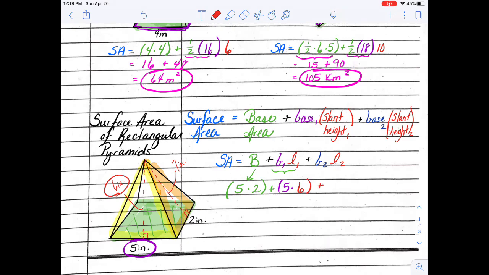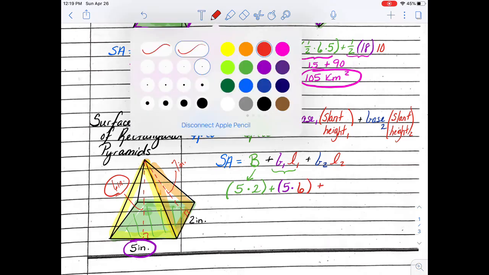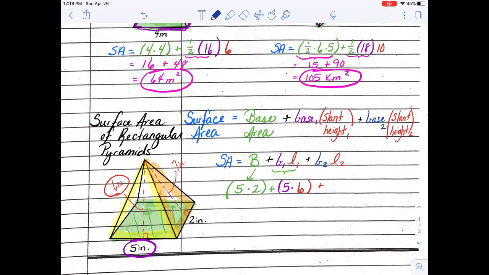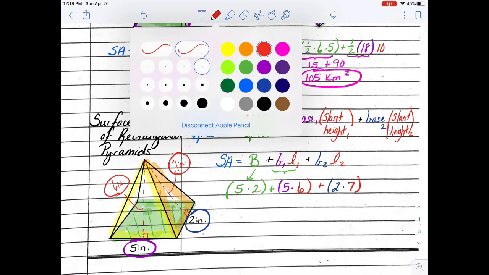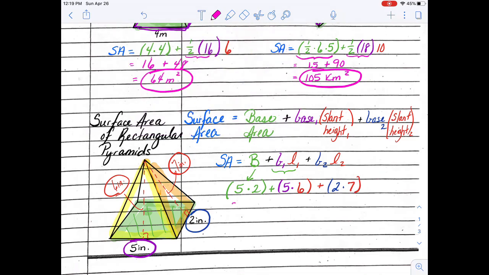And now we're going to add that to, we have to look at the other triangle. We just did the front one. Now let's look at the one that's the same on the left and the right. That base is 2. And the slant height of that triangle is 7. So when we go ahead to do that calculation, we get 10 plus 30 plus 14.